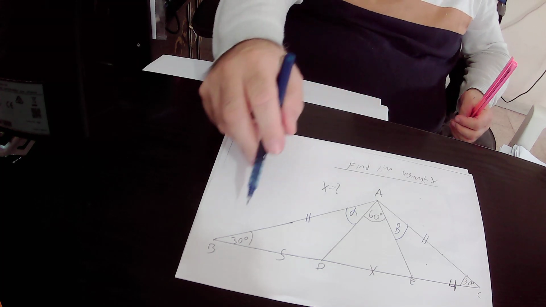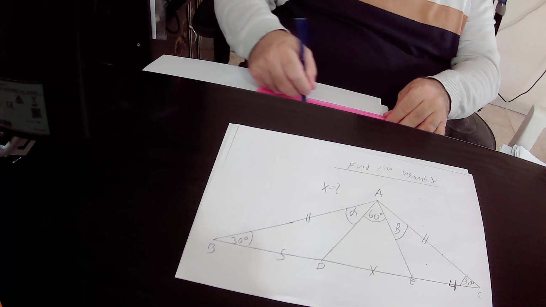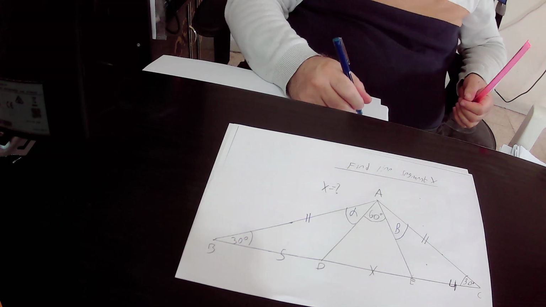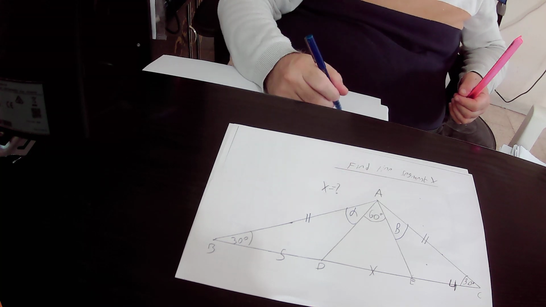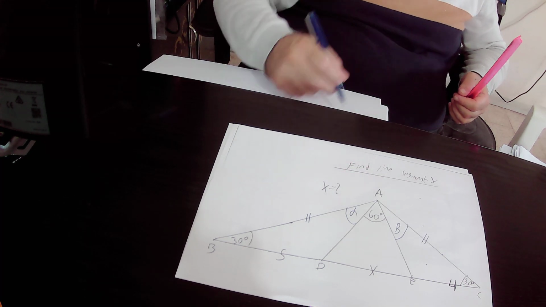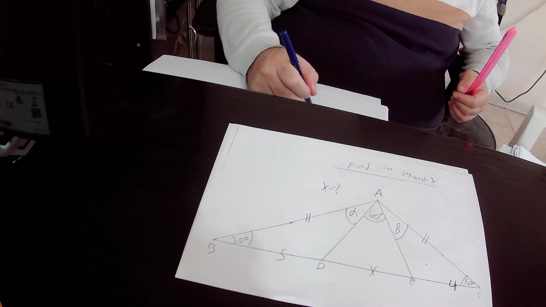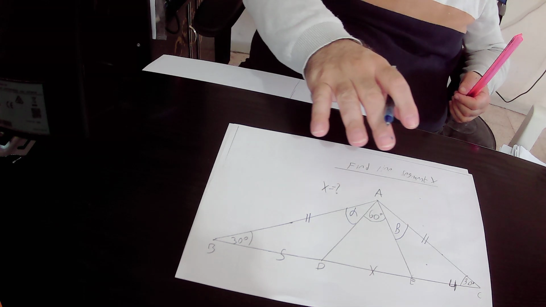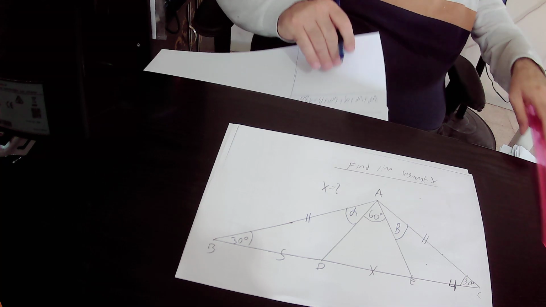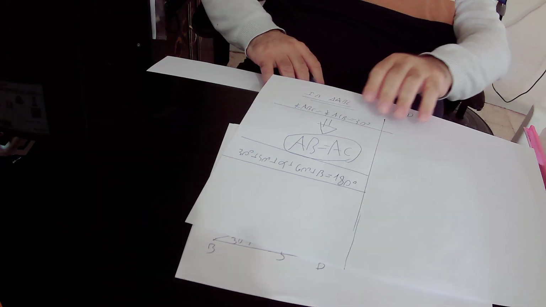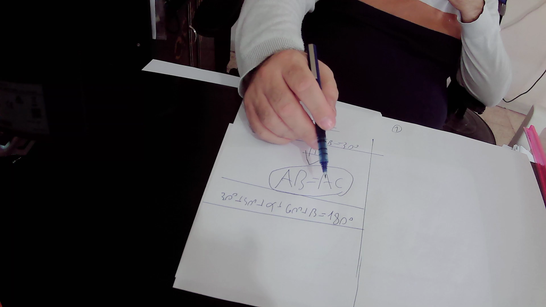We have this angle that is equal to 30 degrees, plus this angle that is also equal to 30 degrees, plus this angle that is equal to alpha according to our definition, plus this angle that is equal to 60 degrees, plus this angle that is equal to beta according to our definition. In total, the sum of all those angles must be equal to 180 degrees according to the rule that the sum of the angles in a triangle is equal to 180 degrees.